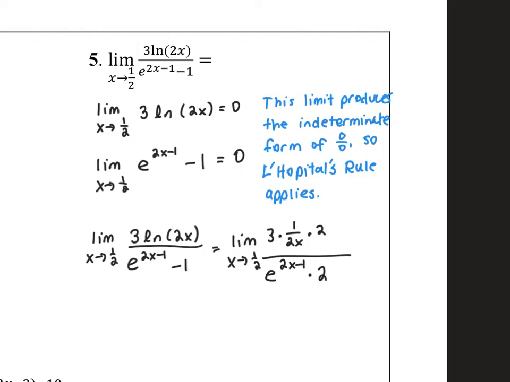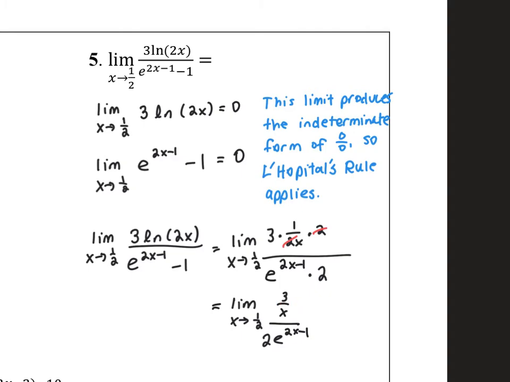And my exponential derivative, I write down exactly what I see, which is e raised to the 2x minus 1, times the derivative of the exponent part, which is the times 2, and the minus 1 just drops off. And I'm going to clean this up just a little bit. I guess I can cancel out those 2's. And now I'm ready to plug in my 1/2 for the x.